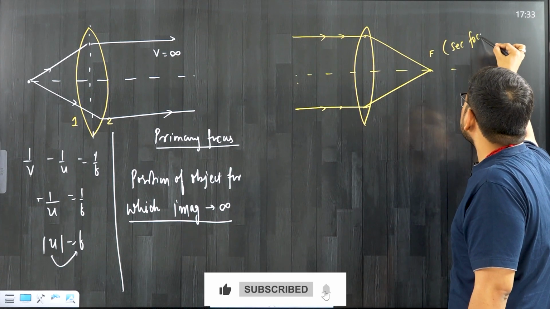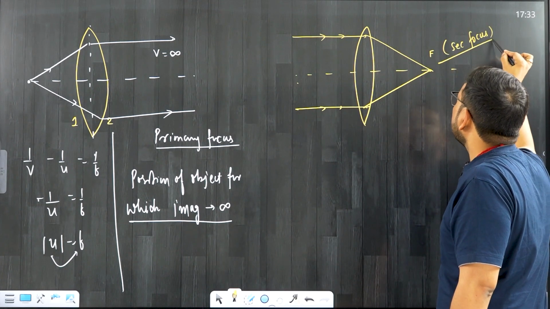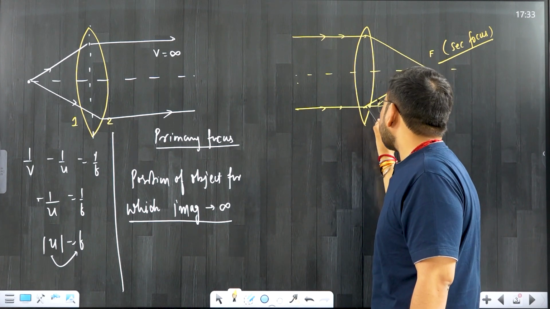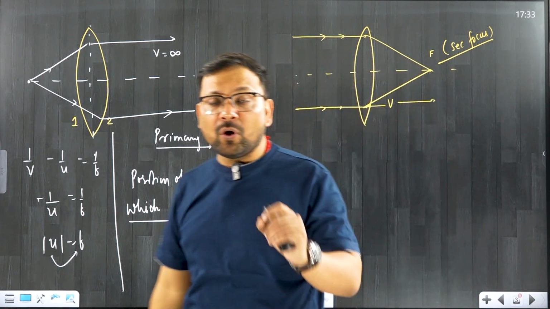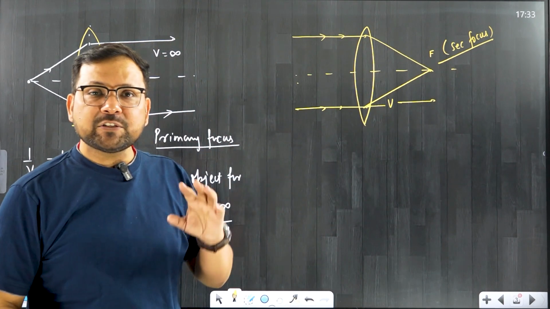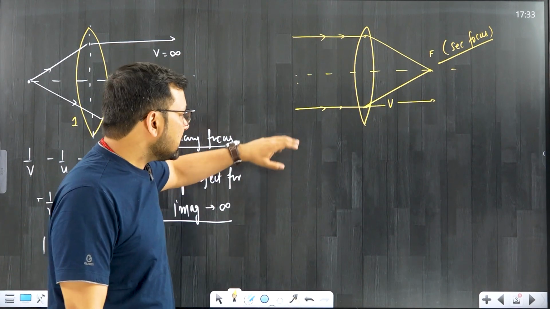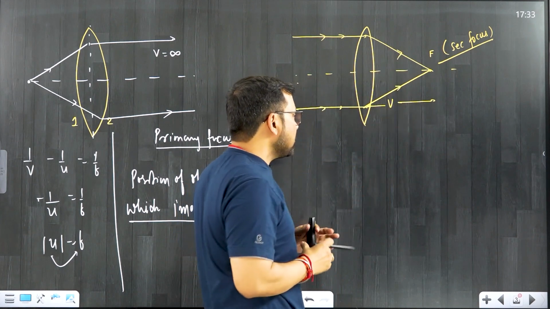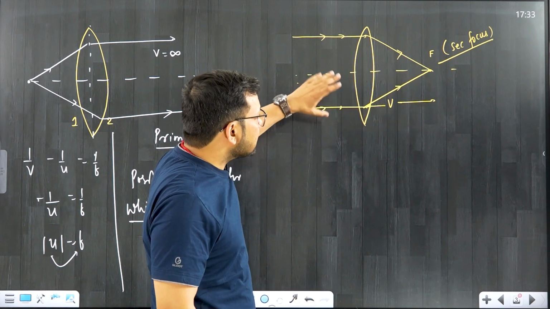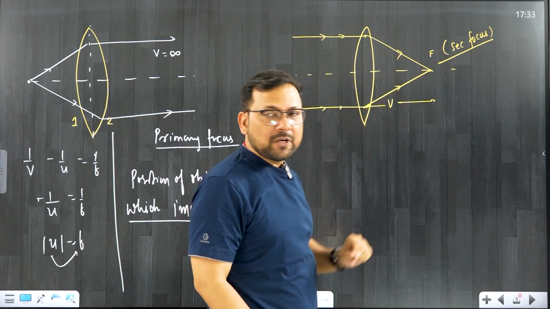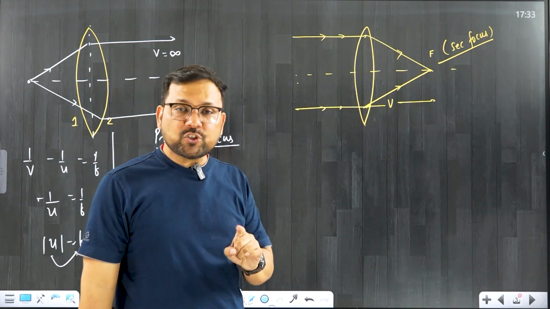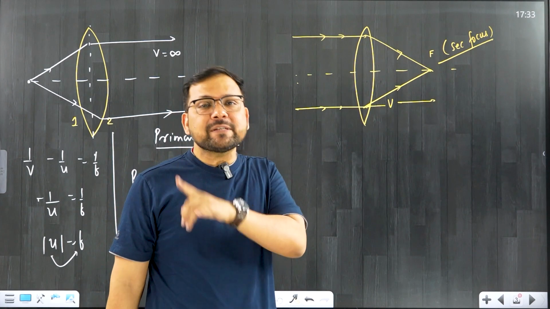After refraction or reflection, light forms images. Here refraction is taking place through the lens, so the image is formed. So the secondary focus is the position of the image for which the object is at infinity.